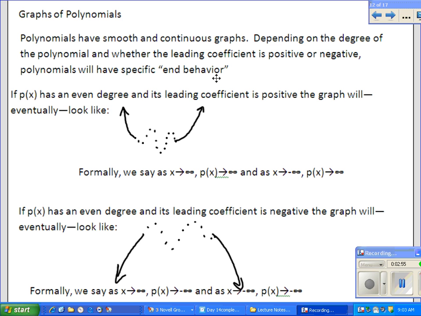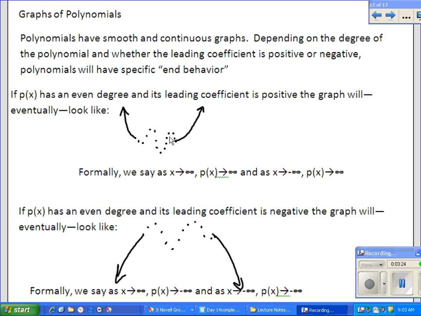End behavior is kind of the long-term behavior. If p of x is an even degree, so the biggest exponent on the polynomial is an even number, like degree 2, degree 4, degree 6, and its leading coefficient is positive, the number in front of the x that has the largest exponent, then the graph is going to be increasing to the right and increasing to the left.